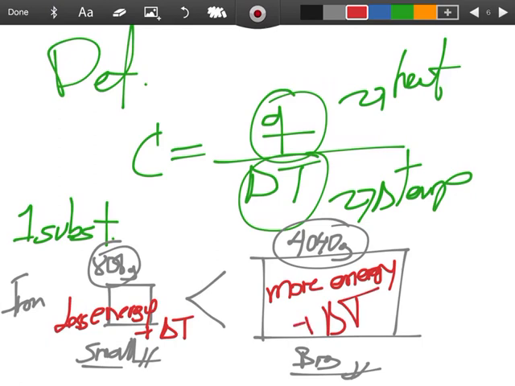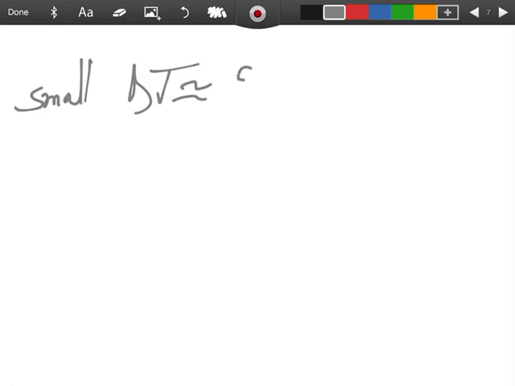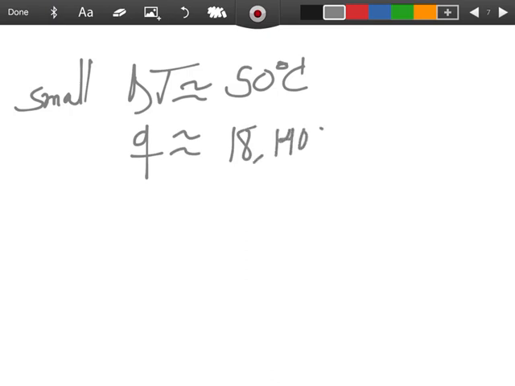Okay, so if I go and measure some of this stuff, I can say that, for example, for the small one, I was able to perform a change of temperature of close to 50 Celsius. And the amount of heat, the amount of energy that I used for that was close to 18,140 joules. That's the one, right?